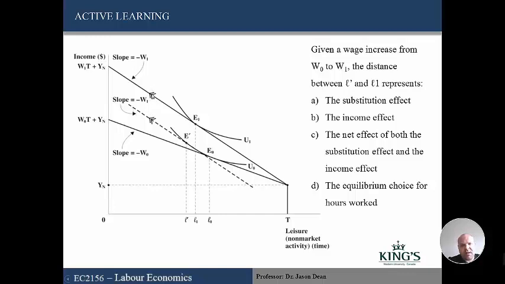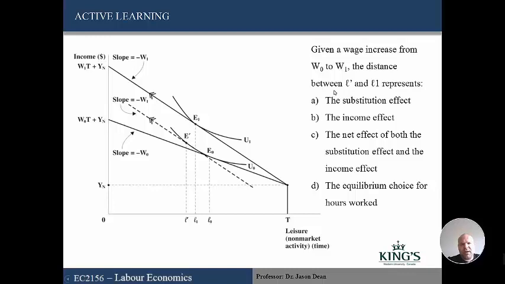These two lines are parallel, being tangent at this point, E prime. Comparing these two points gives us the substitution effect. We're holding income constant, but we're looking at changes in the wage. And so the substitution effect is from L0 to L prime.